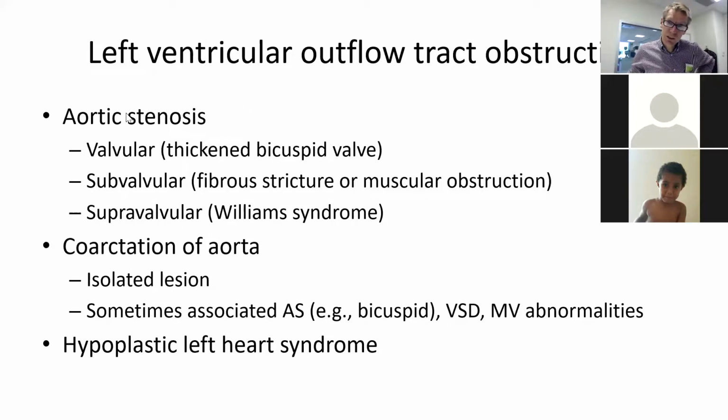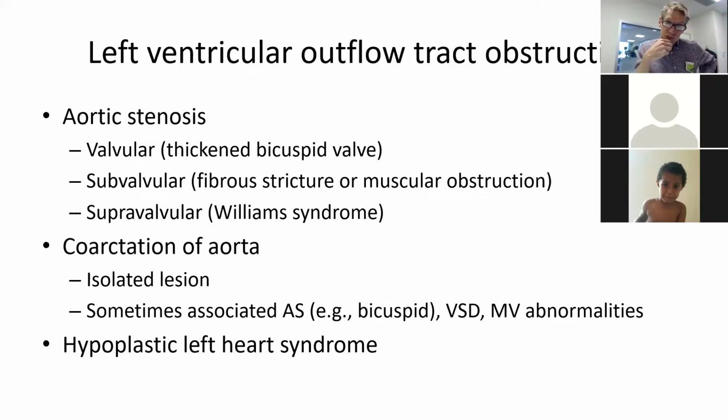Sometimes it involves just the aortic valve, sometimes the aorta itself, and sometimes the whole of the left heart, where the ventricle is small, the mitral valve is small, and the aortic valve is small. In hypoplastic left heart syndrome, the hypoplasia often involves the mitral valve, the ventricle, the aorta and the aortic valve, and all around the aorta.